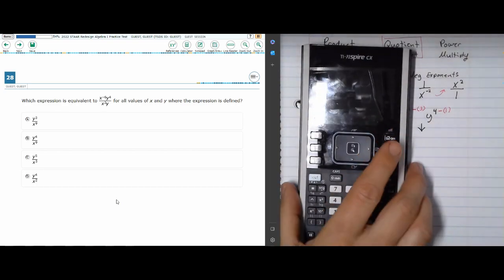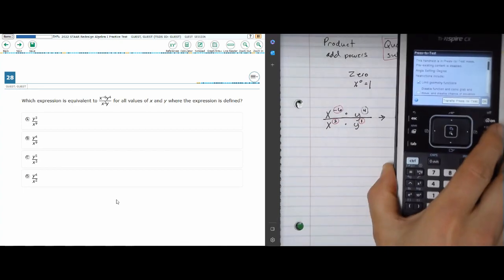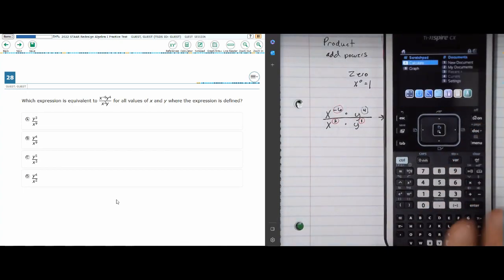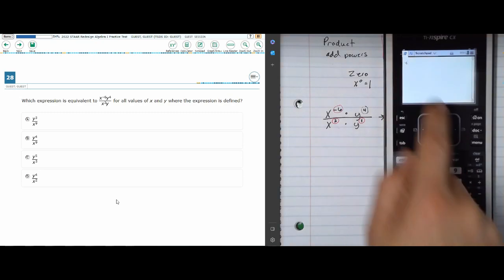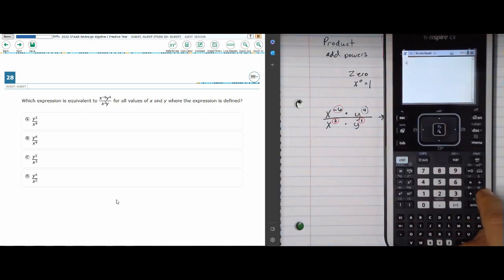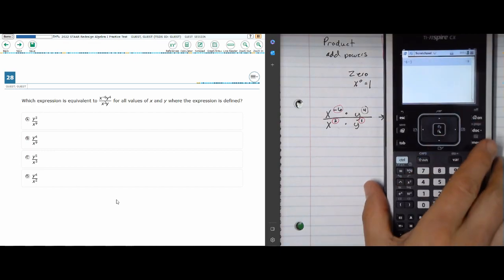I'm going to go to my calculator, and first do negative 6 minus 3. I'm going to type it in exactly how I wrote it. So I have negative 6 and then minus, right? It was a negative 6 because it's the first number. But remember, if it goes in between two numbers, it then becomes a minus. So minus parenthesis 3, close parenthesis, hit enter, and it gives me a negative 9.